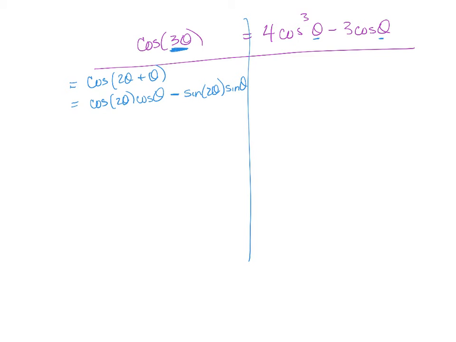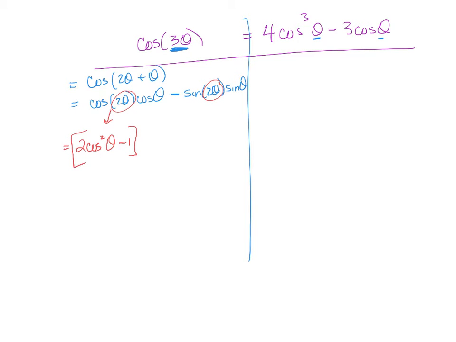All right, well, cosine 2 theta, we need to get in terms of theta, and I still have these 2 thetas here. So let's rewrite our 2 thetas in terms of just single thetas. Well, I know that cosine 2 theta, using one of those flavors for cosine 2 theta, is 2 cosine squared theta minus 1.